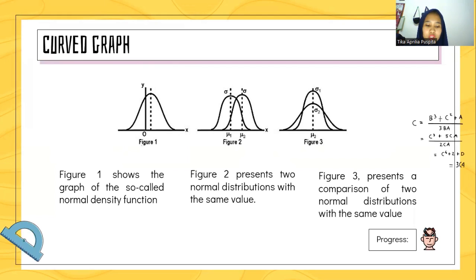So if an equation has a power of values greater than one, the graph will be curved. So it implies that when values resulted in by the equation are presented in the graph, they will show quantities that do not vary in direct proportion. Therefore, they yield a form of curved graph.